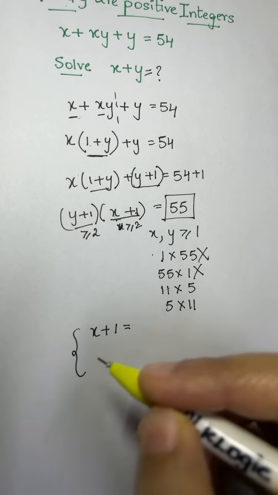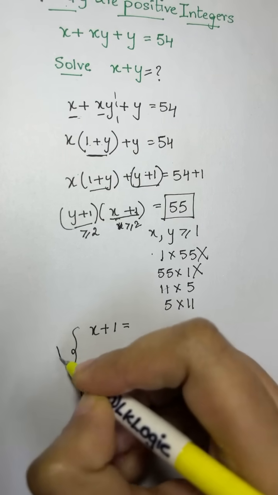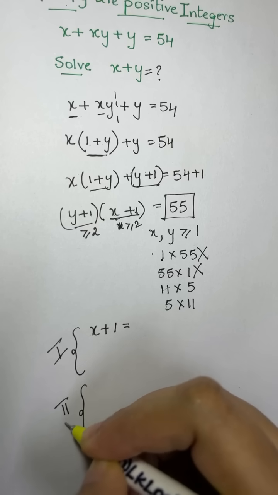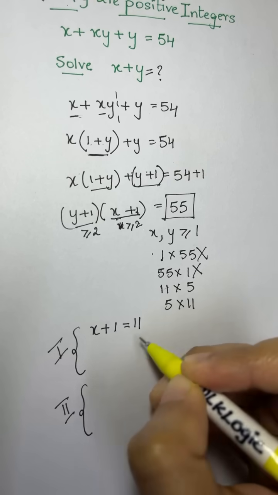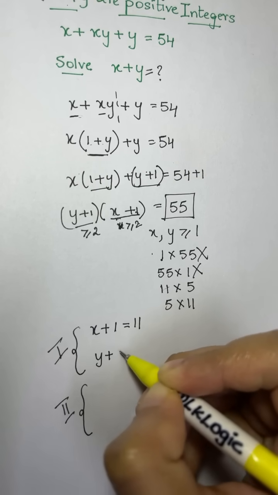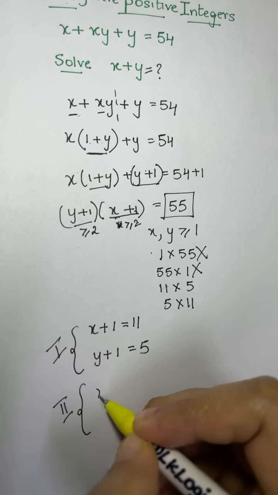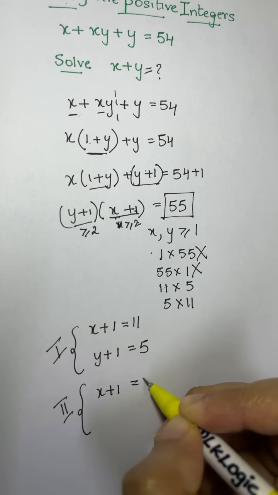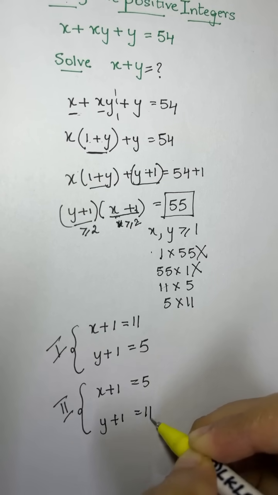So I'll have two options. In the first one, x plus 1 is 11 and y plus 1 is 5. And in the second one, x plus 1 is equal to 5 and y plus 1 is equal to 11.